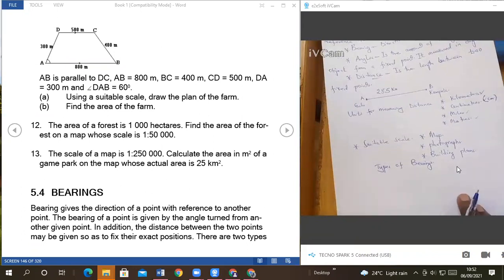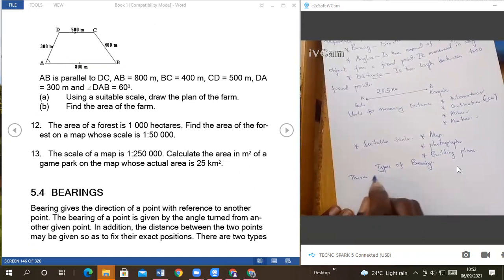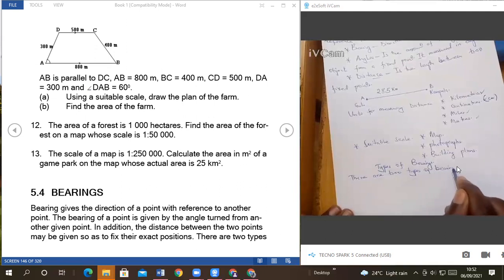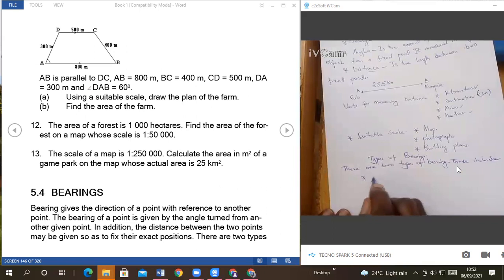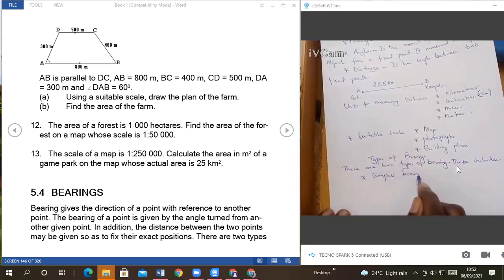We have two types of bearing, members. These include what we call compass bearing.